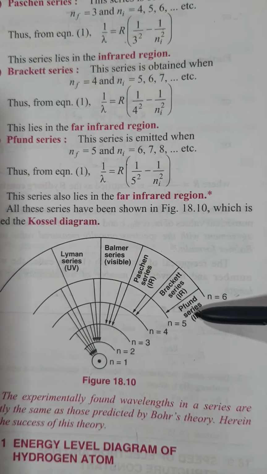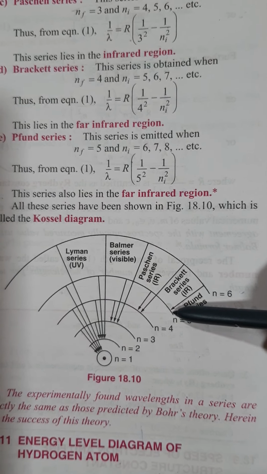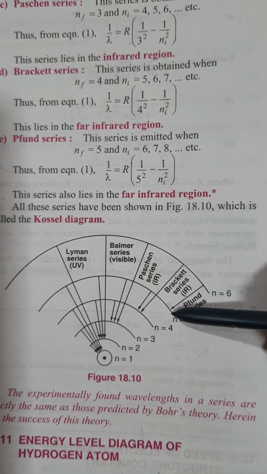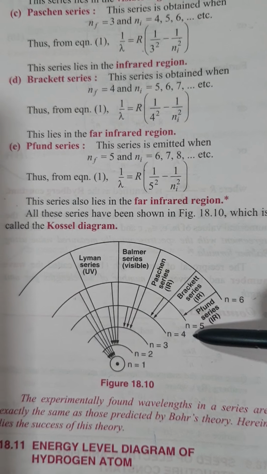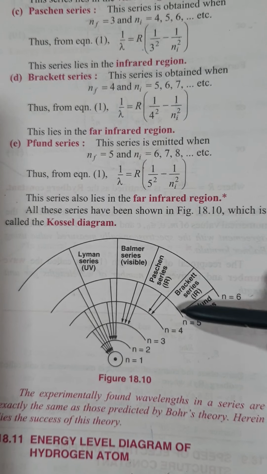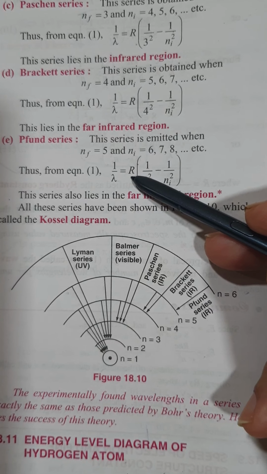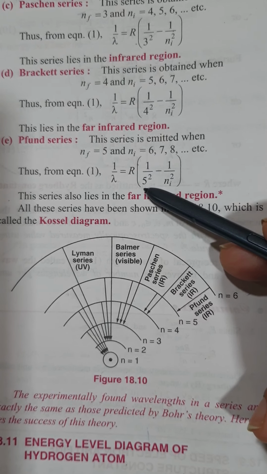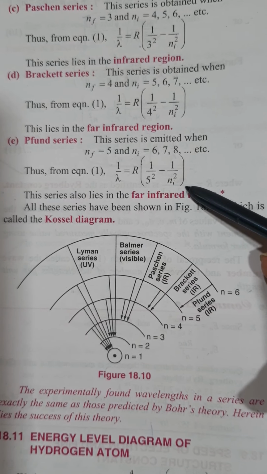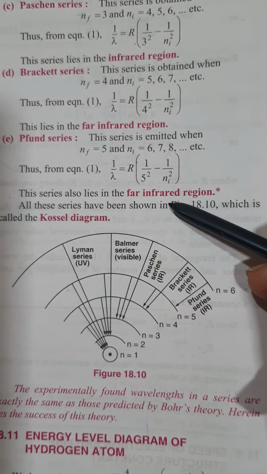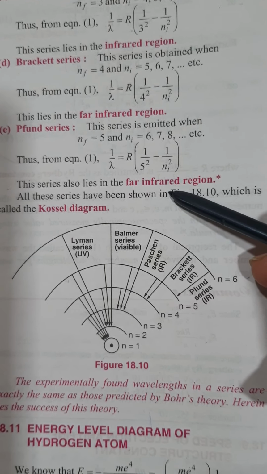The last one is the Pfund series, with transition from higher orbits to n equal to 5. The formula will be 1 upon lambda is equal to R times (1 upon 5 square minus 1 upon ni square). Again the light emitted is in the far infrared region.